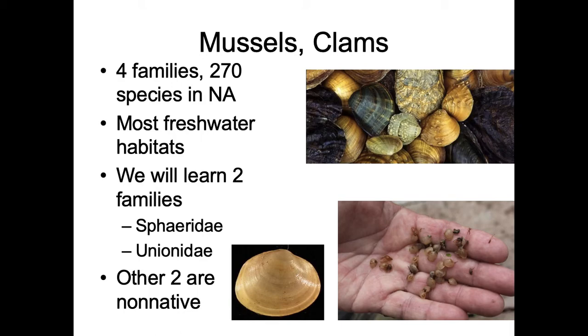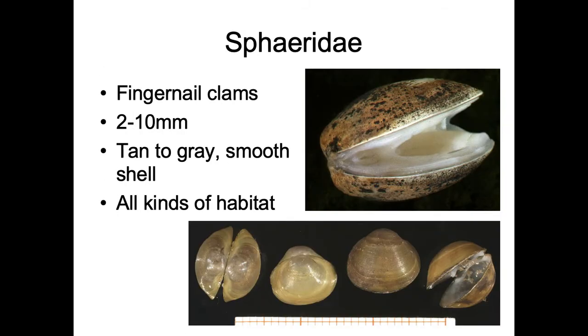We will learn 2 families that are the most common. One is Sphaeriidae, which are small, and one is Unionidae, which are larger. The other 2 families found in North America are non-native, so we won't focus on those, but we will probably mention them in class.